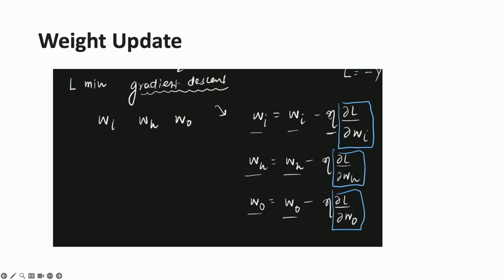Here theta is the learning rate and L is the loss function, and we take the derivative with the chain rule with respect to these different weights. So if the loss function is big, we update these weights a lot, and if our loss function is close to 0, there will be less update.